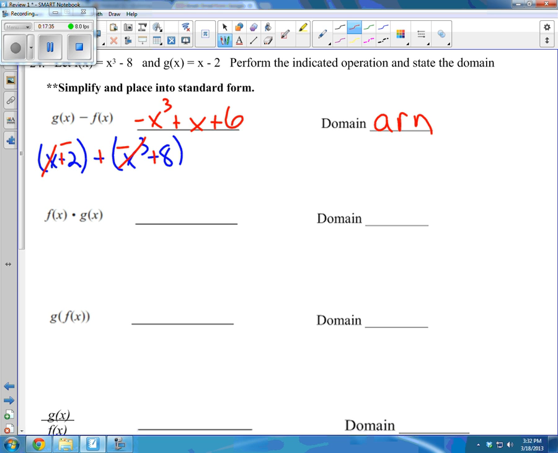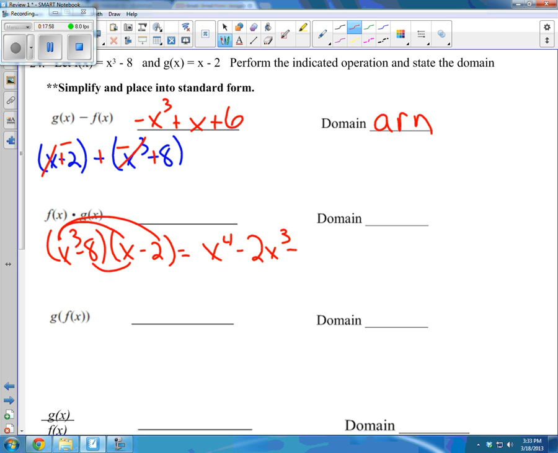Next one, I'm going to multiply. So I'm going to take f of x and g of x. And I'm just going to multiply or FOIL. So x cubed times x is x to the 4th. And then I'm going to have a negative 2x cubed.